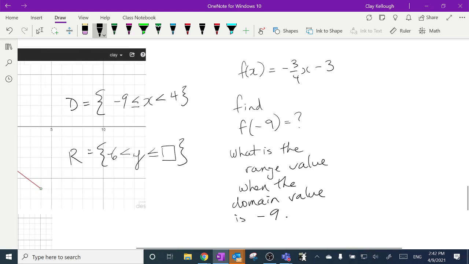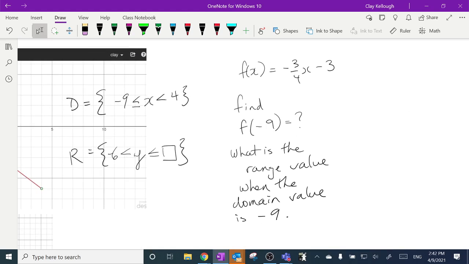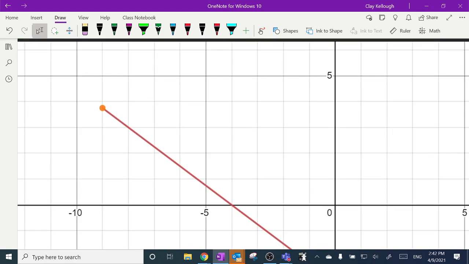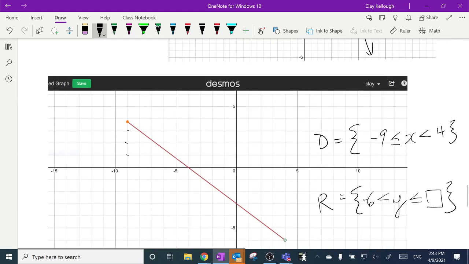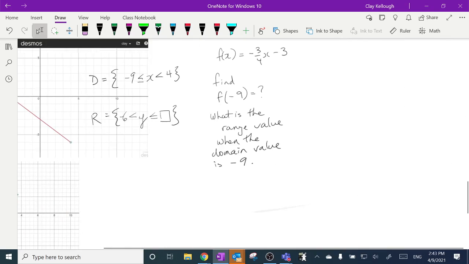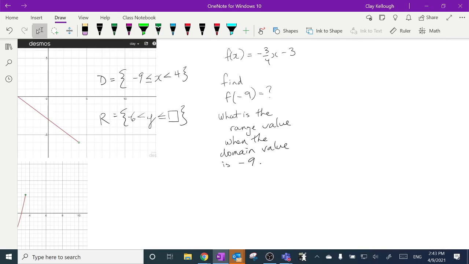So how do you do that? You could try to read it off the graph, but it's somewhere between the grid lines, so that's kind of hard to see. Zoom in. What do you think? Got a guess? 1, 2, 3 point something, not quite 4. I don't want to guess. I don't want an estimate. I want to know exactly. I can find exactly because I can answer this question using my algebra skills.